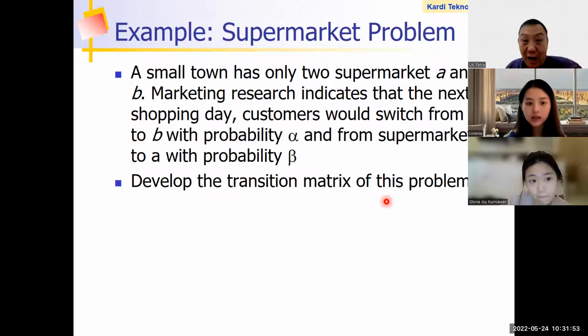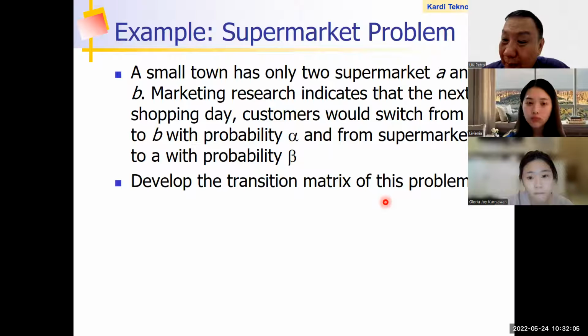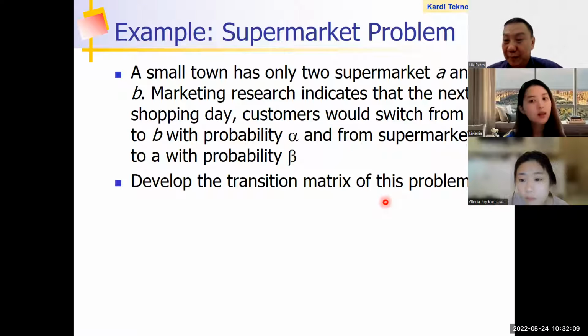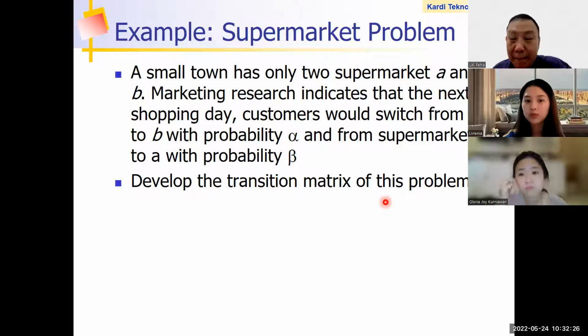You can annotate here if you want. How many states? What is the state in this case? Two.